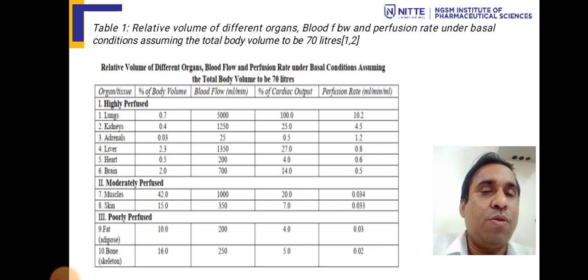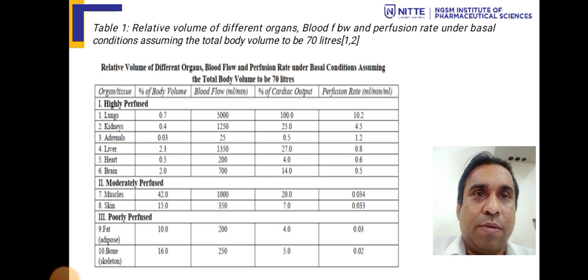As compared to the moderately perfused muscles as well as skin, it is 42, 1020 cardiac output, whereas the perfusion rate is very low, 0.034. Poorly perfused organs like fat, adipose tissues, and bones also have very little, as you have seen in the table.